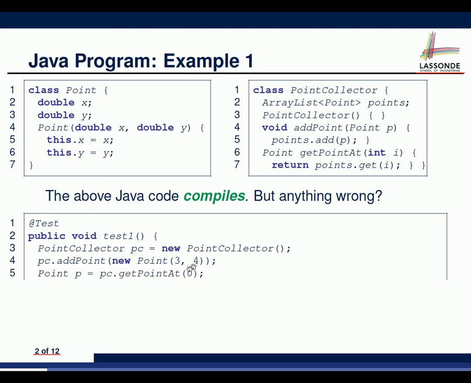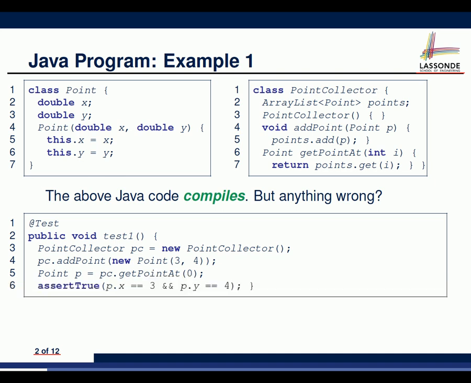Then we get the point at position 0, a valid index because there's only one point. And then we assert that the only point we added should have x 3 and y 4, right? Now everything compiled, I can tell you from the Java side.